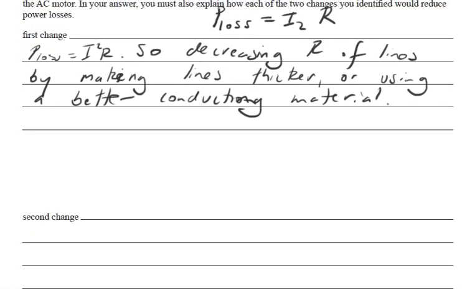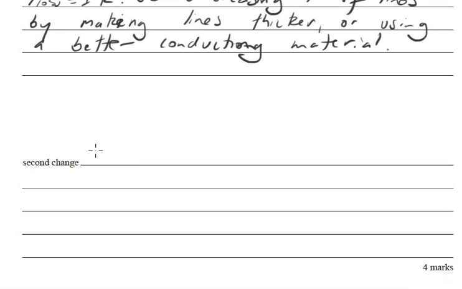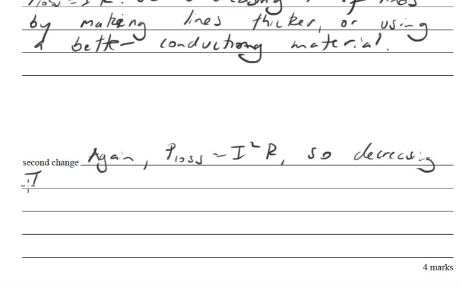The other one is again P loss equals I squared R. So decreasing I in the lines will also decrease the power loss. How do we decrease the I in the lines? We could use transformers.